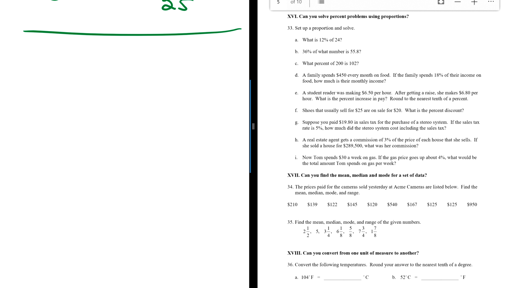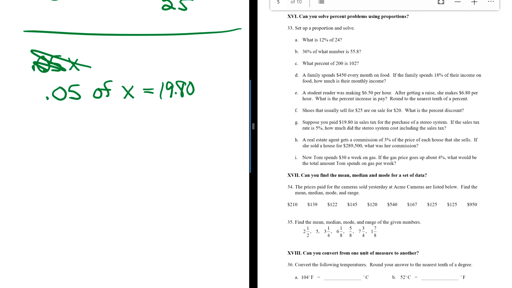So I could take 5%, 0.05 of what equals 19.80? And that'll tell me what the original price is.